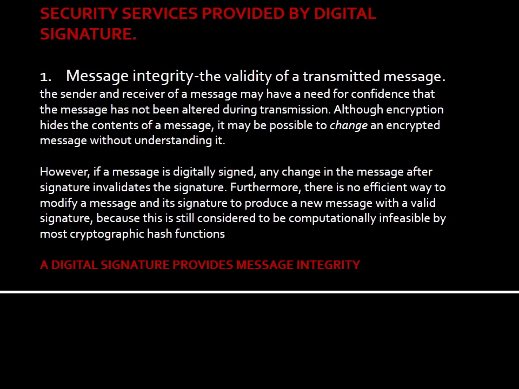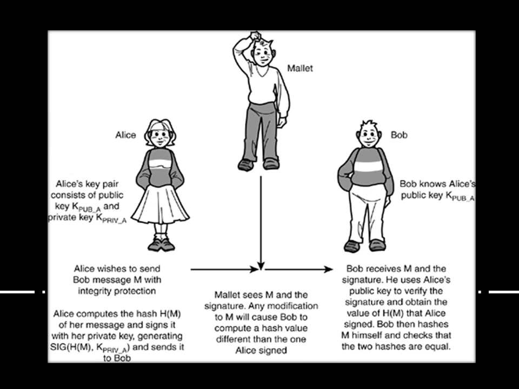Further it's written that the message is digitally signed. Any changes in the message after signature invalidates it, and there is no effective way to modify a message and its signature to produce a new message with a valid signature, because this is considered to be computationally infeasible by most cryptographic hash functions. So in short, a digital signature provides message integrity.